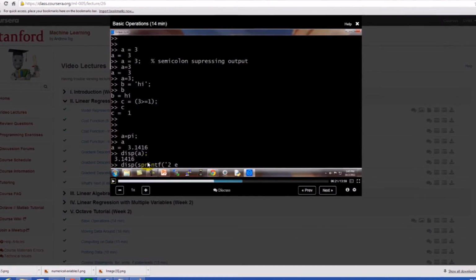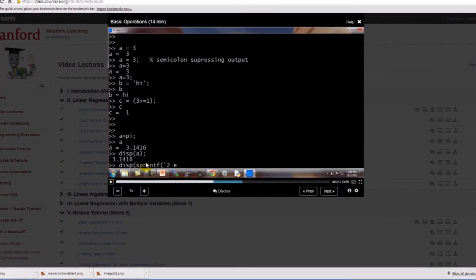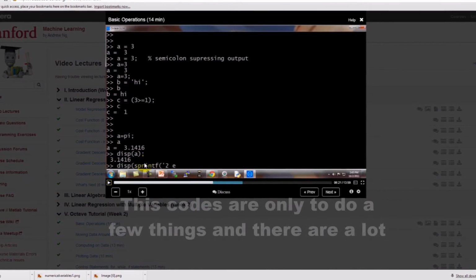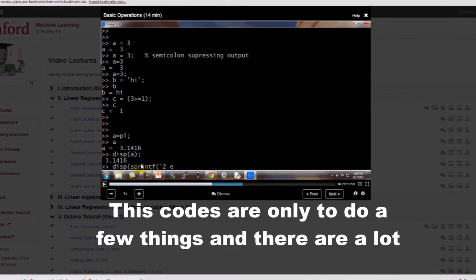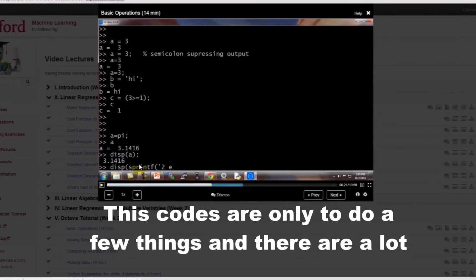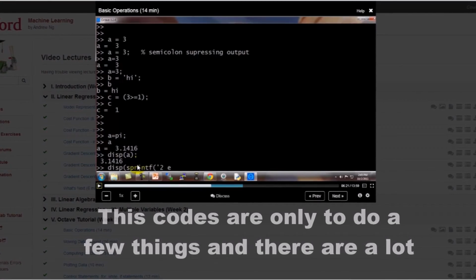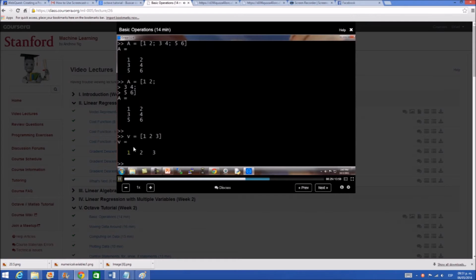But you can also do logical operations. For example, 1 equals 2 is false, so it is represented by 0. 1 not equals 2 is true, so it is represented by a 1. And this is how it works basically.